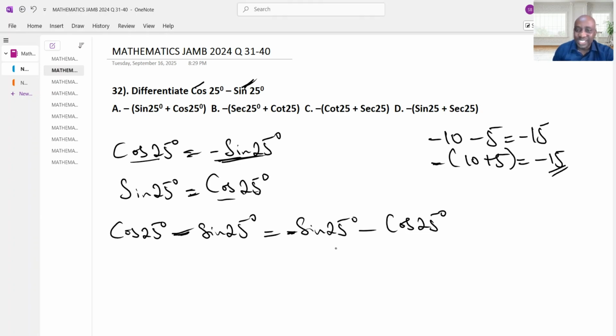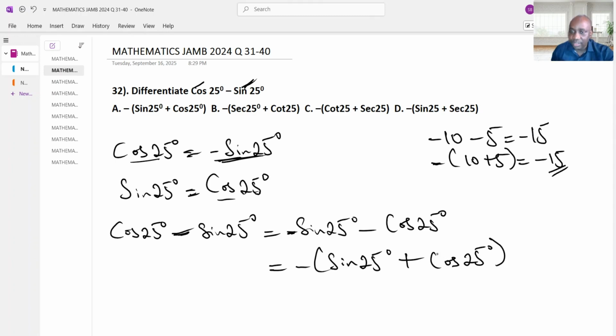We are going to do the same thing for this one, because sine and cosine are not from the same family. We cannot add them together. Therefore, we bracket it and change this minus sign to plus. So it looks like this: minus sine 25 degree plus cosine 25 degree.